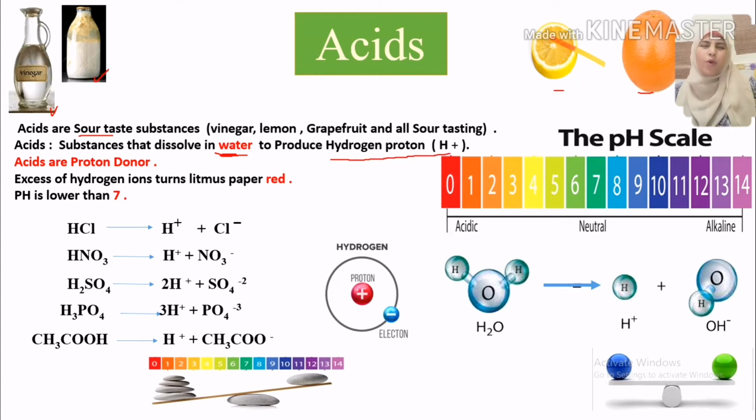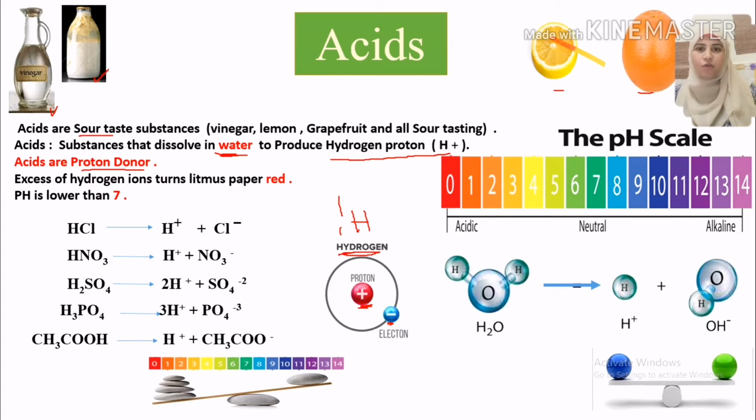Hydrogen proton, we want to know what's the meaning of hydrogen proton. We have a neutral hydrogen atom. We studied before that hydrogen atom is H, 1. Inside the hydrogen atom we have only one proton in the nucleus, and we have only one electron around the nucleus.